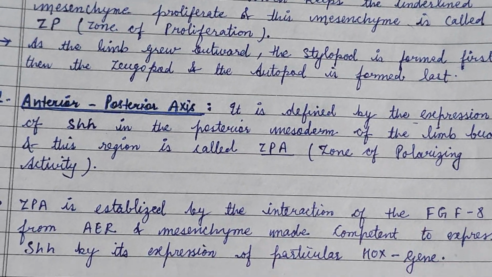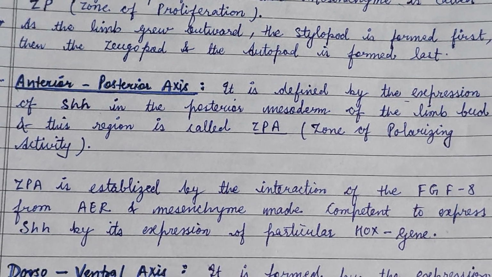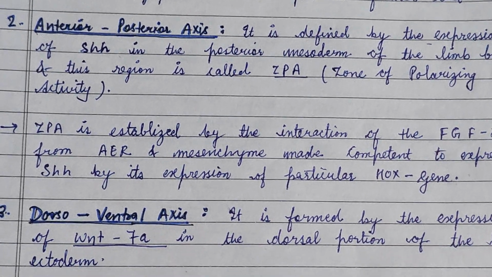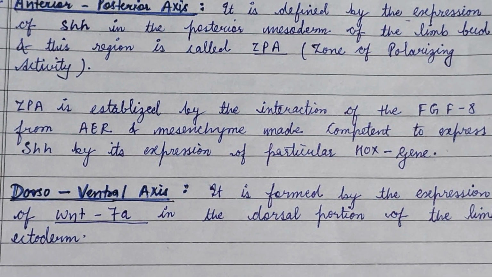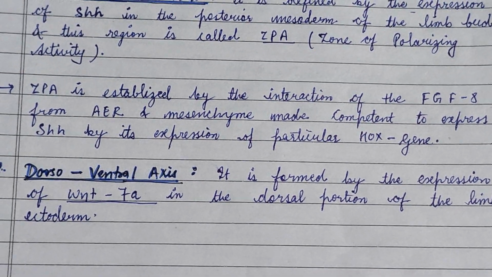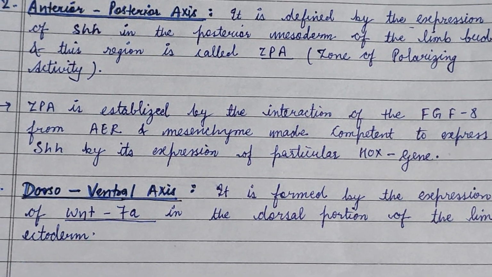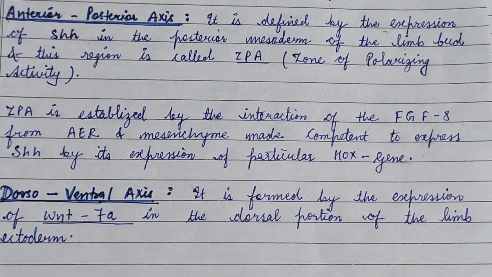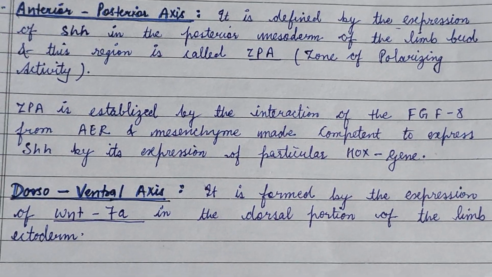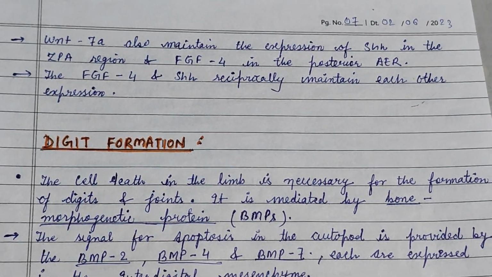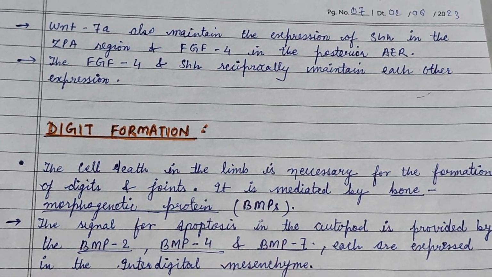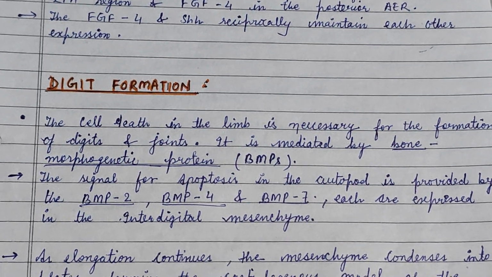The anterior posterior axis is defined by the ZPA, the zone of polarizing activity, and is stabilized by the interaction of FGF8 from the AER and mesenchyme made competent to express the SHH gene by its expression of particular Hox genes. The dorsoventral axis is formed by the expression of WNT7A in the dorsal portion of the limb ectoderm. FGF4 and SHH reciprocally maintain each other's expression.